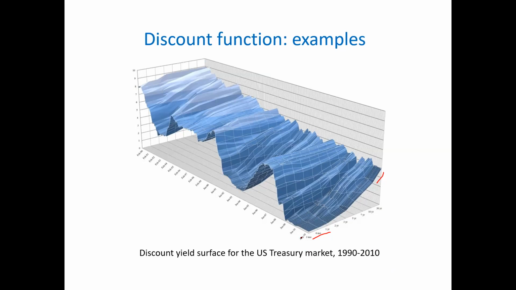Actually, as early as 2010, short end yields were already very close to zero. It's not still zero, but it's very close to zero. And that's what we observe nowadays.